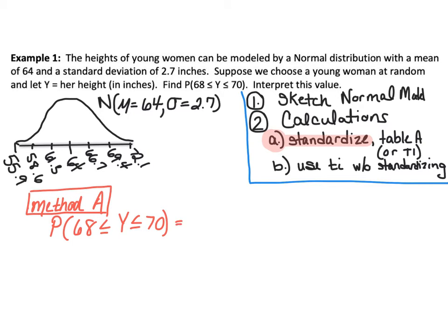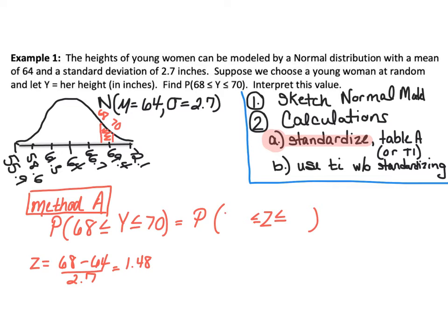This is equal to the probability that our z-score is between two corresponding values. I'm going to find my z-score beneath this. I also labeled in my normal curve that I'm looking for the area between 68 and 70. To find my z-score, remember, I take my x value, which is 68, subtract my mean of 64, and divide by my standard deviation, and I take it to 2 decimal places.